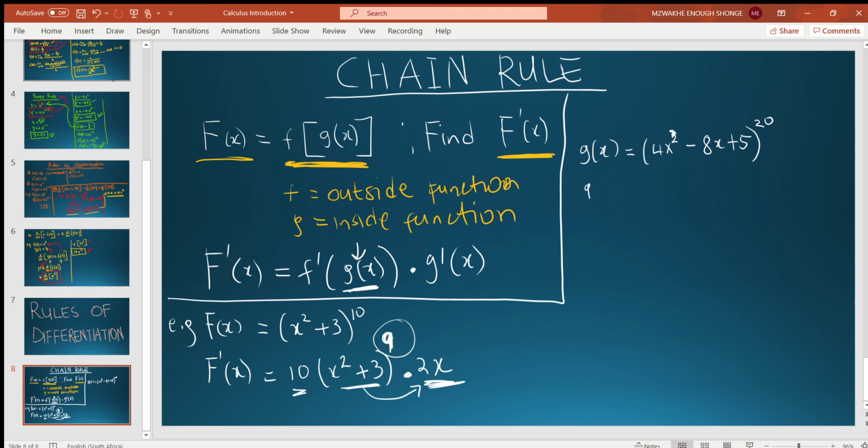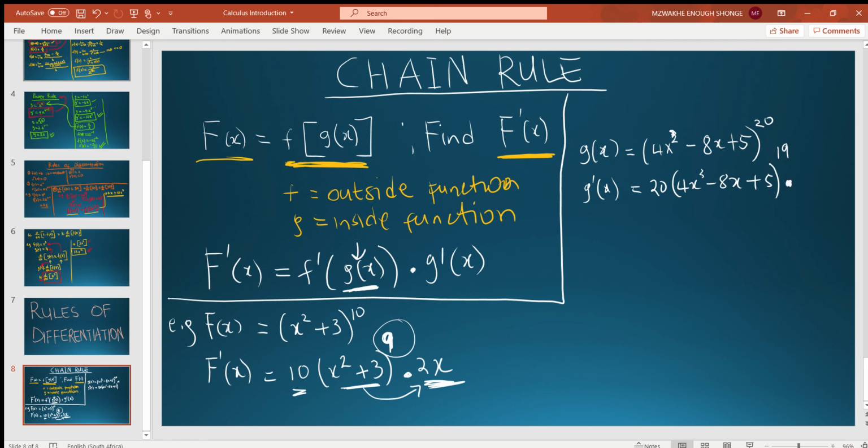So you say g prime of x: the derivative of the outside function, you get 20, and you write the inside as it is. So 20 times 4x cubed minus 8x plus 5 to the exponent 19. You are differentiating the outside function.